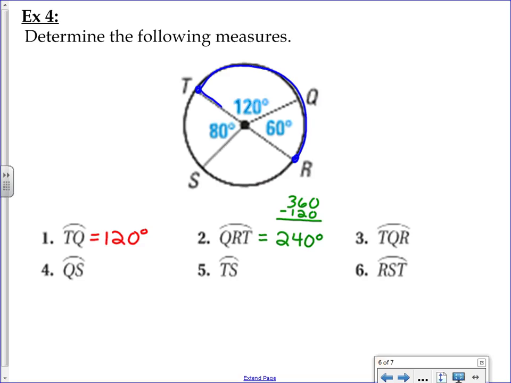I have a semicircle because T and R is actually a diameter going through the center. So I know that it's going to be 180 degrees, but I could also add these arcs, 120 and 60, to get 180. All right, let's take a look at arc QS.